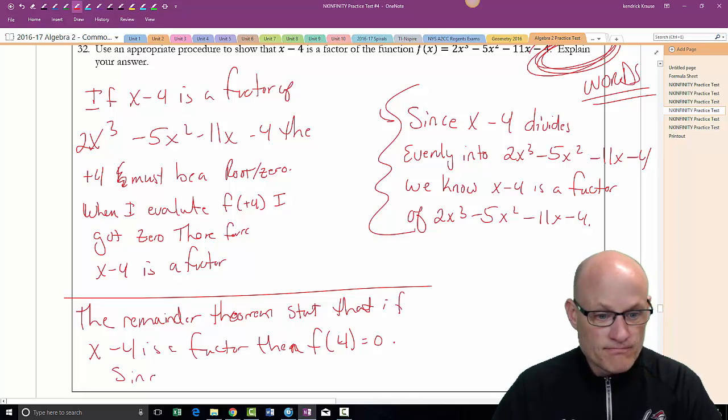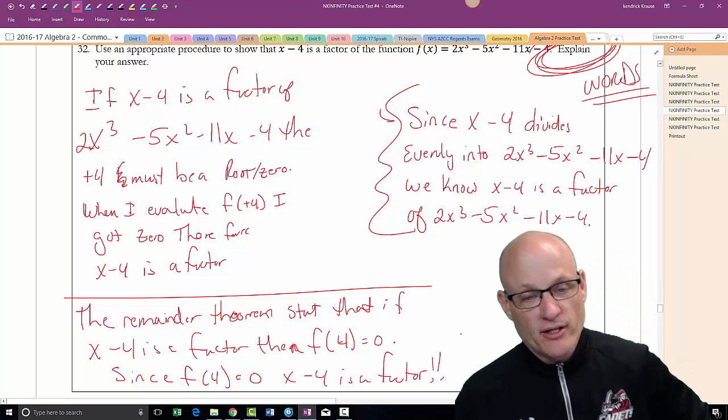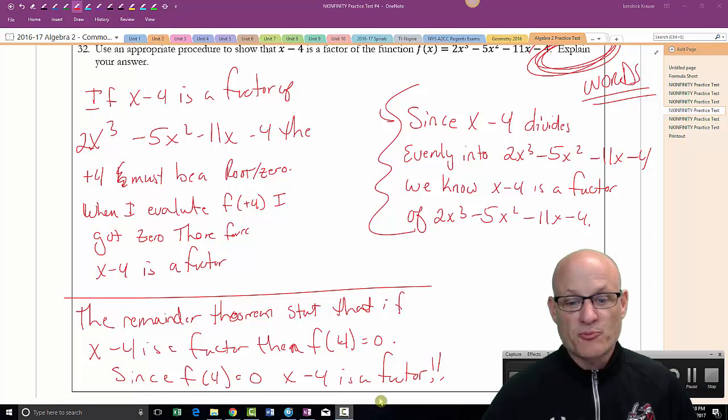Since f of 4 equals 0, x minus 4 is a factor. Probably the best way to say it, by using the remainder theorem. Or you can do long division. Either way is fine. Most important thing is you have to use your words.